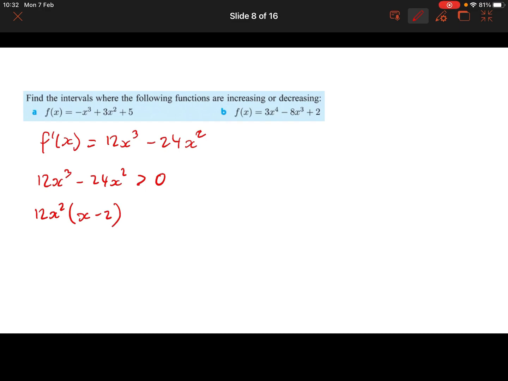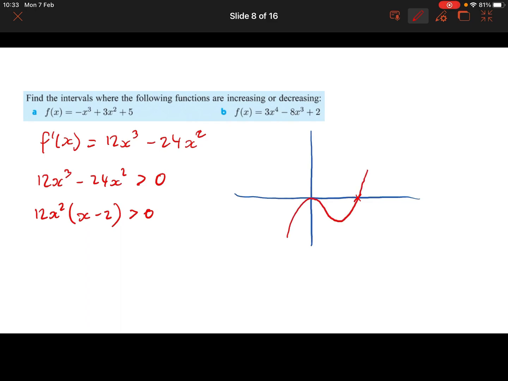We're going to say when is that equal to 0? Now, that is a cubic, so let's just make sure we draw this properly. That means we've got one of those double roots at x is 0, and we've got a root at 2 as well. So something like this.